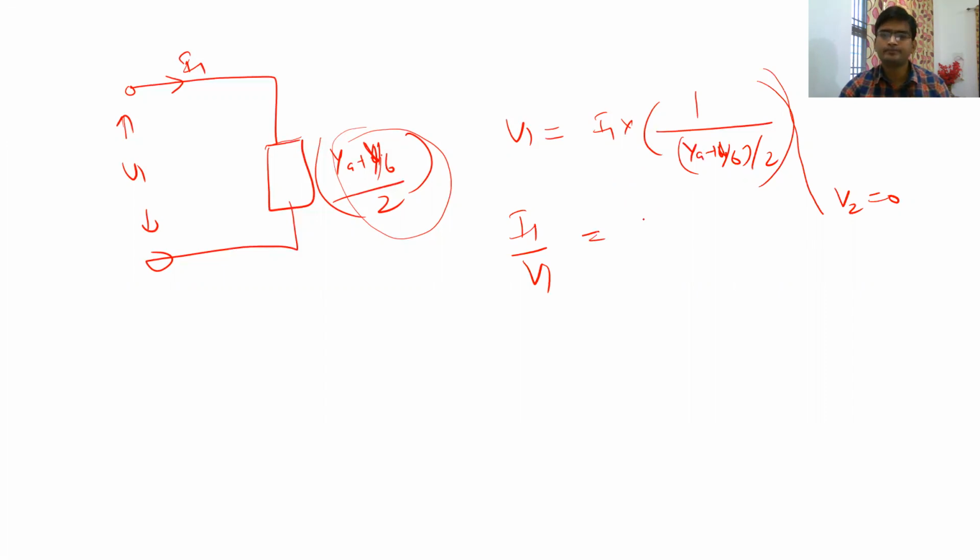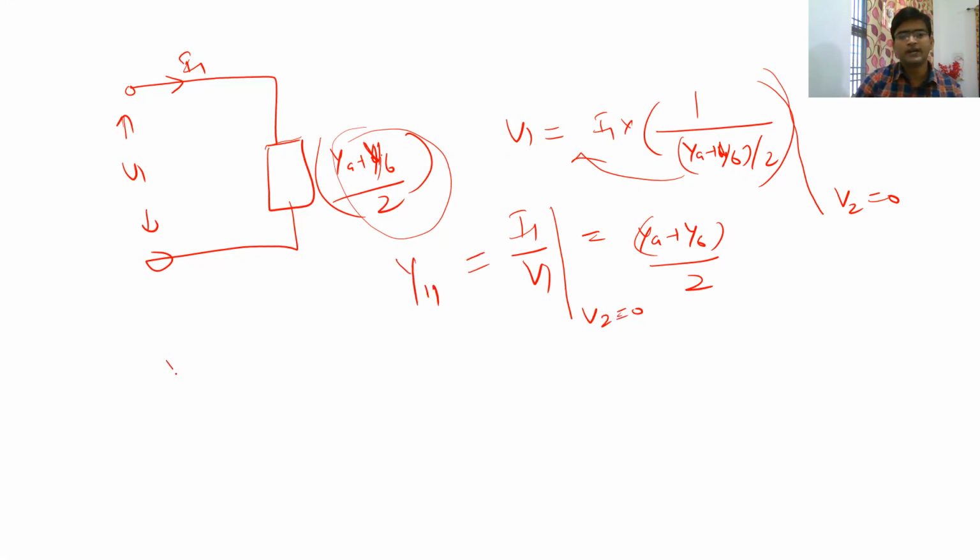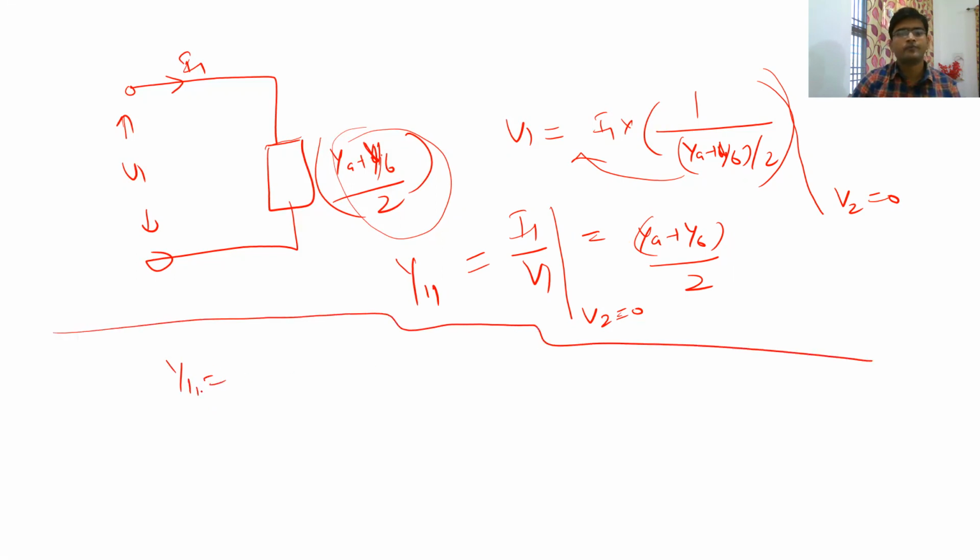It will be YA plus YB divided by 2, when V2 is equal to 0. And what was this? This was nothing but Y11. So you get Y11 equal to YA plus YB divided by 2.